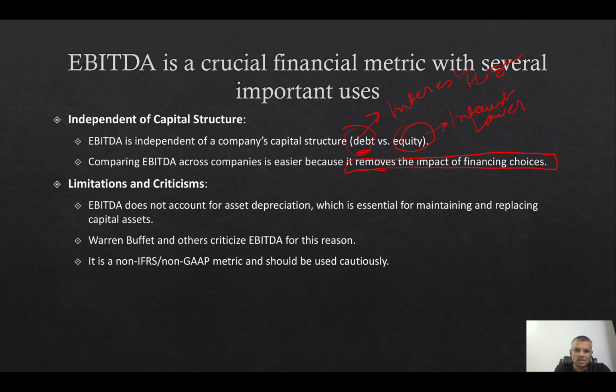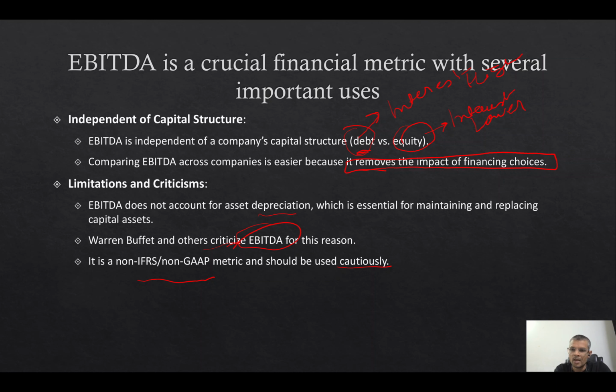Of course, as I informed earlier, this is not mentioned anywhere in US GAAP or IFRS, so it should be used cautiously. Warren Buffett and others also criticize this, and it does not take into consideration the depreciation. Depreciation is very useful.